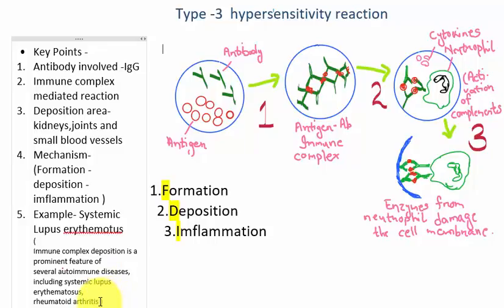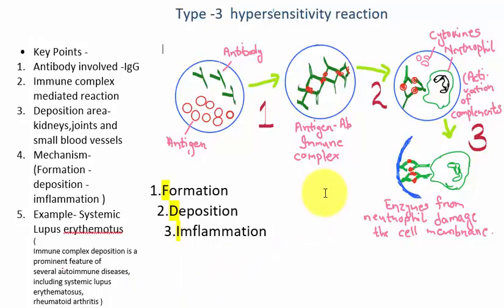You might have heard the name arthritis. The person who has arthritis generally has joint pains. This is all because the antigen antibody complexes get deposited in the wall of the joints.